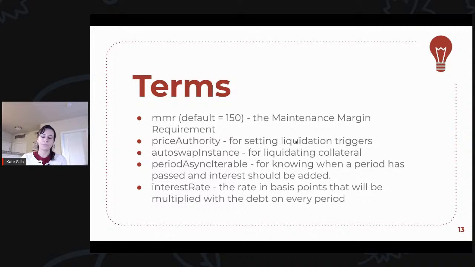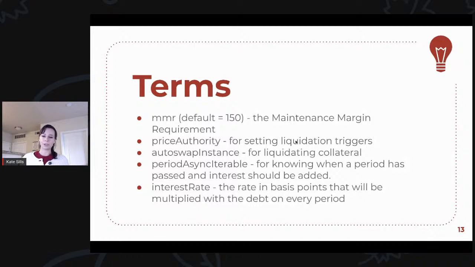So the terms, first there's the MMR term, which is the maintenance margin requirement. This is the percentage of collateral compared to the loan amount. So for instance, we might require that there is 150% of collateral value compared to the loan amount.